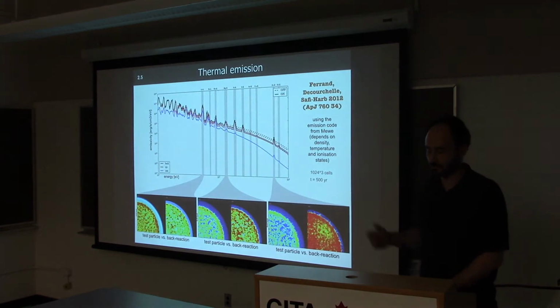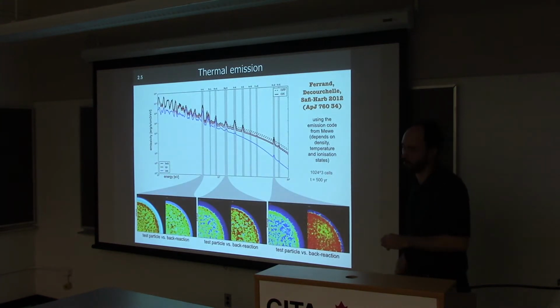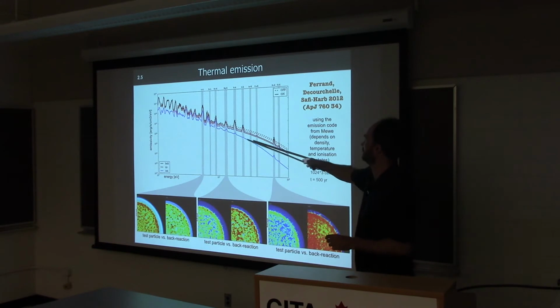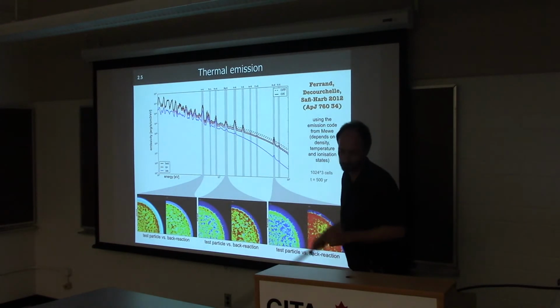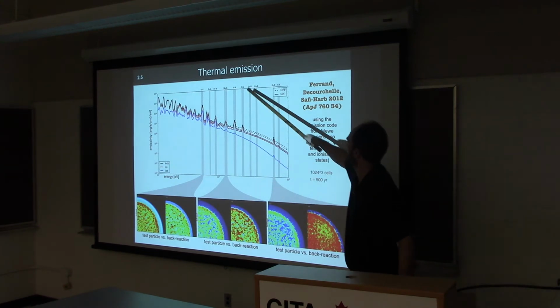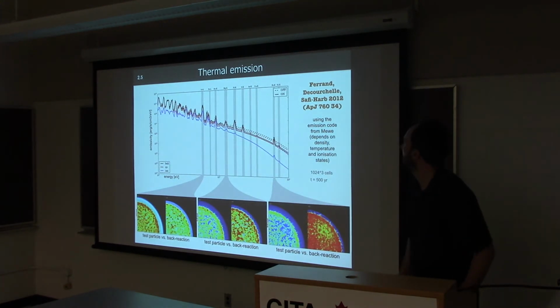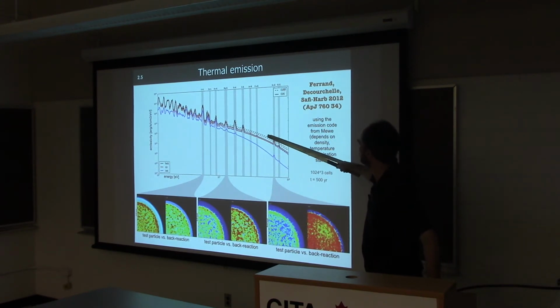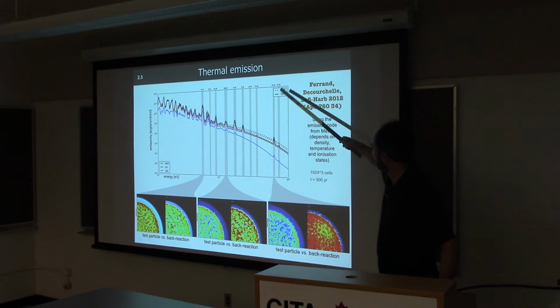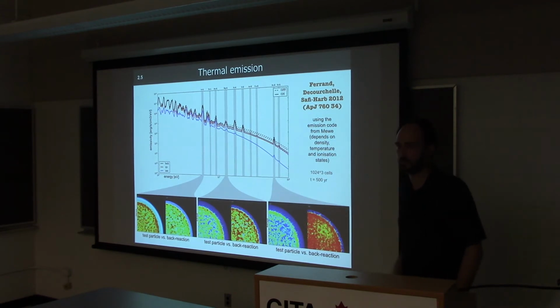With all that, we use an emission code to compute the thermal emission. There's a continuum emission, and there are lines from elements, some of which are labeled here.